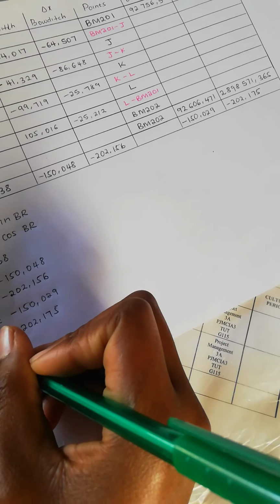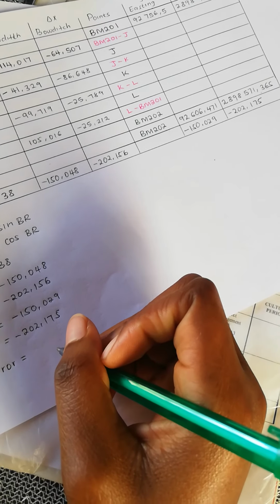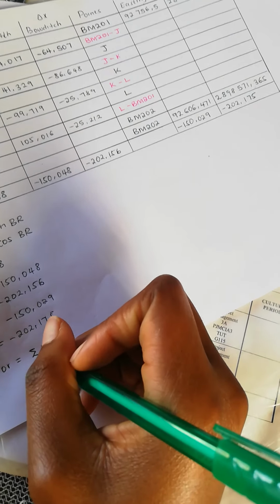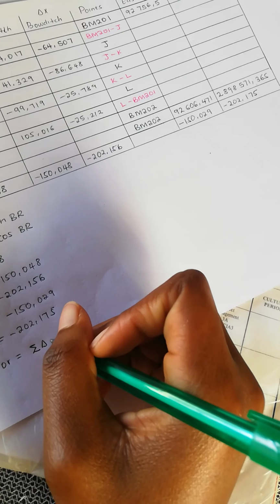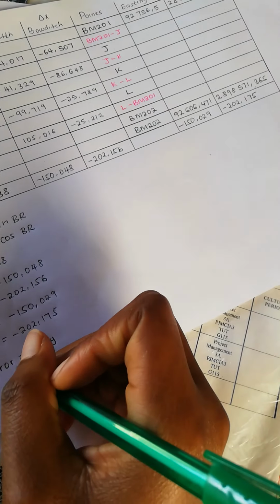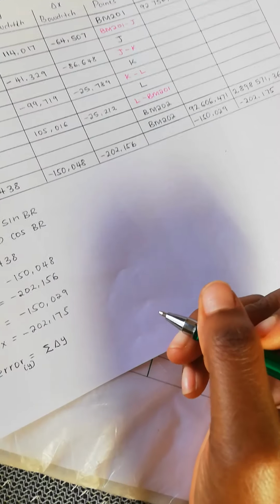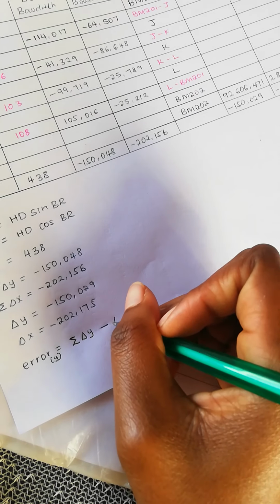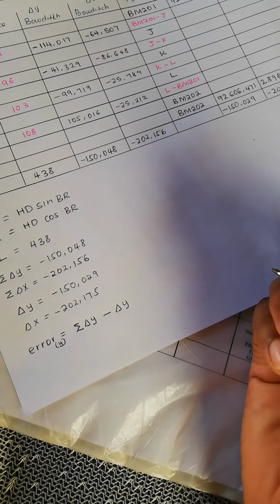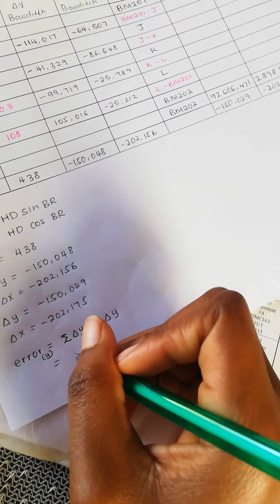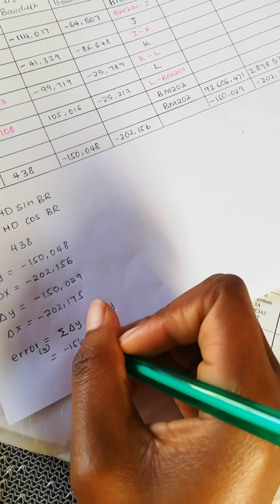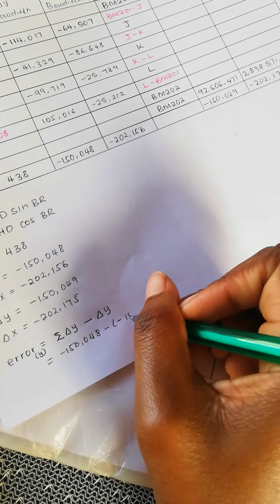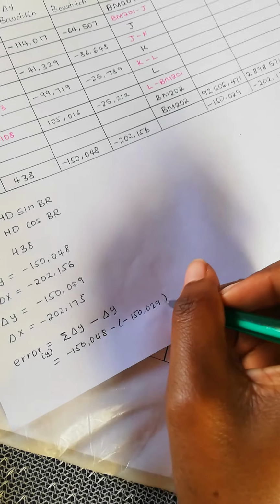Error equal to sum of change in y or change in x. Let me say change in y. Error for y equal to sum of change in y minus true change in y. So in our case, we will have minus 150,048 minus 150,029.